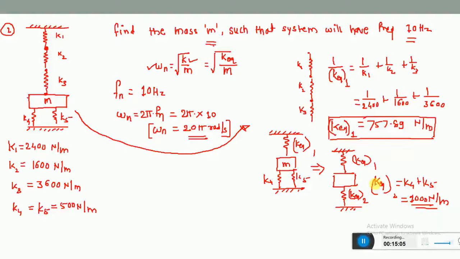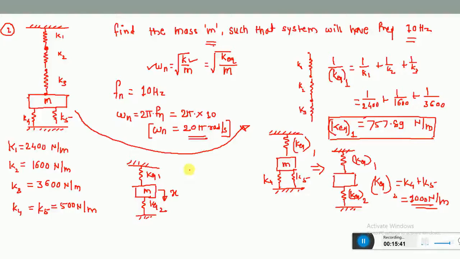Okay. And then this K equivalent 1 and K equivalent 2 are in parallel arrangement, because if you give the displacement x to the mass m, then both the springs will have the same deformation.